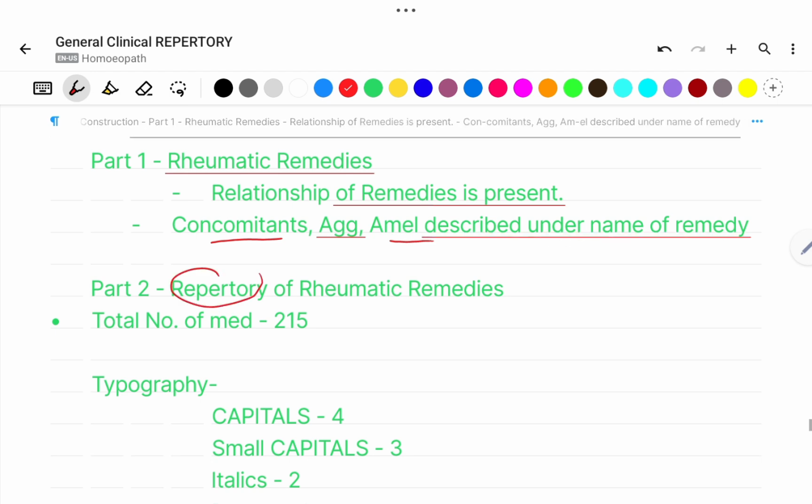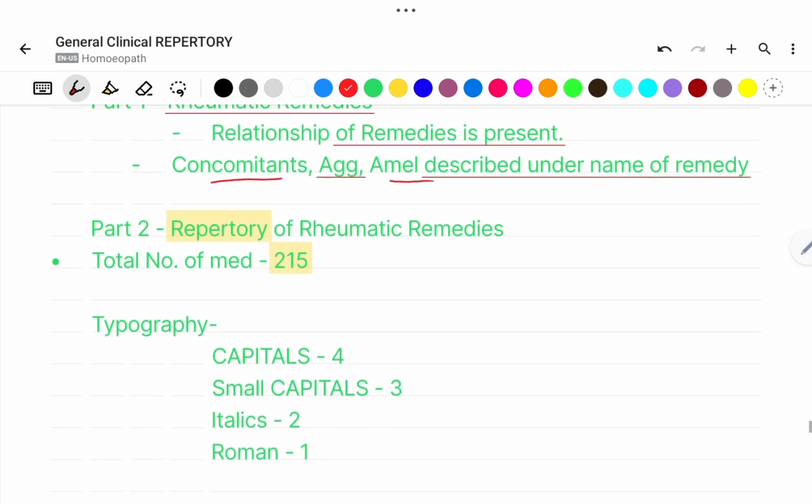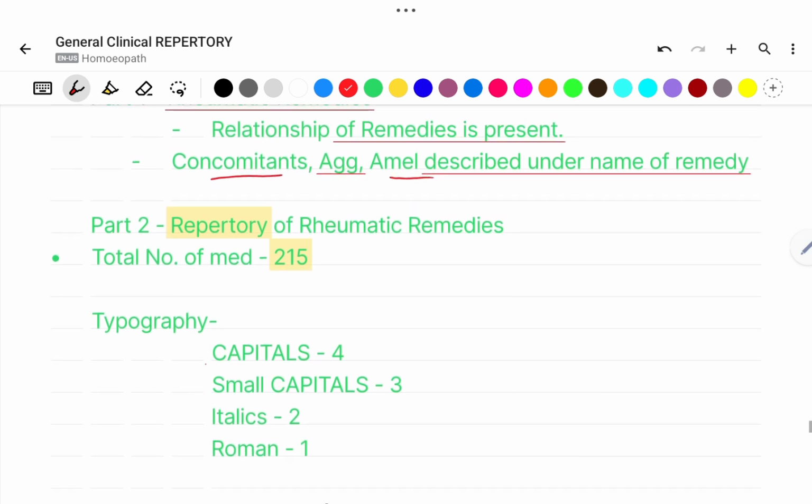Part 2 is the repertory part of rheumatic remedies. Total number of medicines mentioned in this repertory is 215. The typography used is capitals, small capitals, italics and Romans.